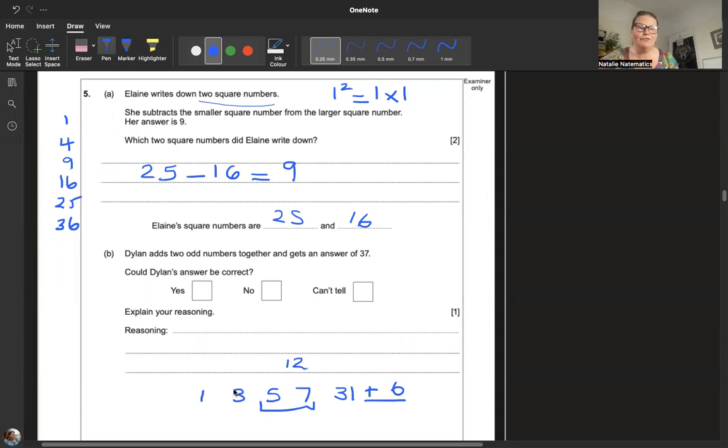So to get 3, you'd have to add, say, 2 plus 1. 7, 5 plus 2. So could it be correct? No, because adding 2 odd numbers gives an even number.